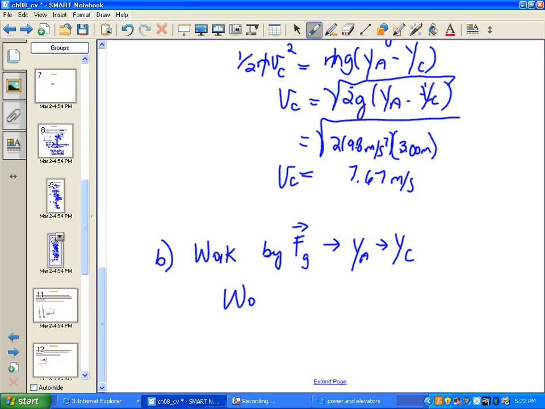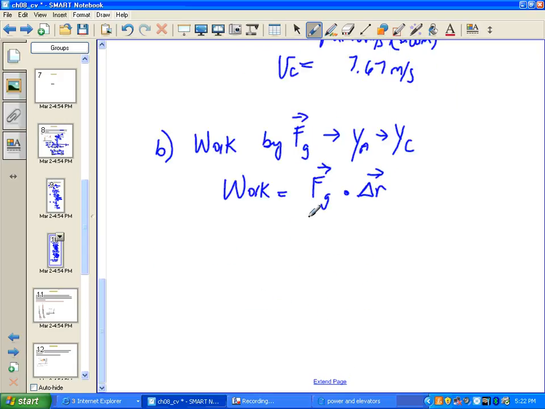We know that work is equal to F_g, pointing downward in the minus j hat direction, dotted with delta r, which in this case is delta y, also in the negative j hat direction.